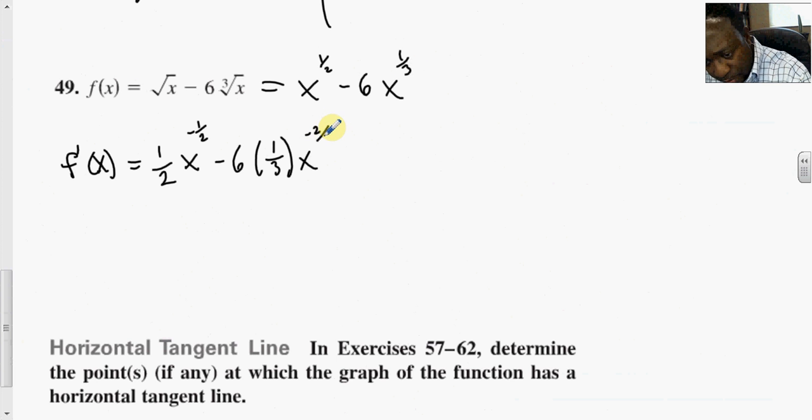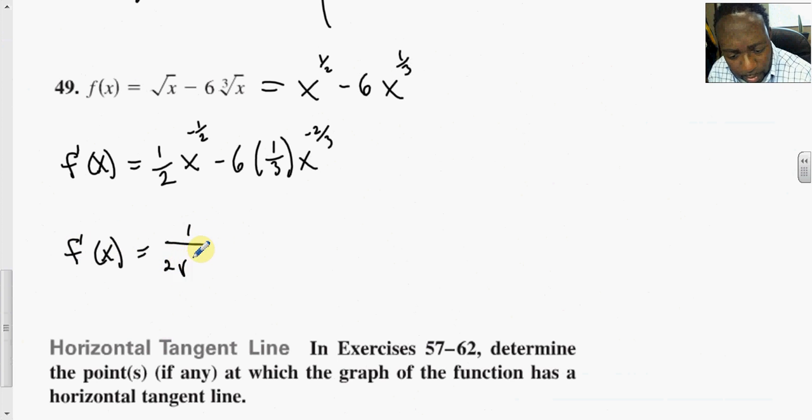That's negative 2/3. And so we can write the derivative here as 1 over 2 times the square root of x, minus 6 divided by 3 is 2, and this is all over, a couple of ways you can write this. You can write this as x to the 2/3, or you can write this as the cube root of x squared. And it doesn't matter, right?